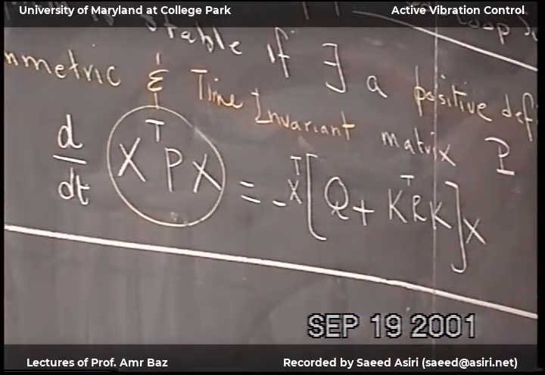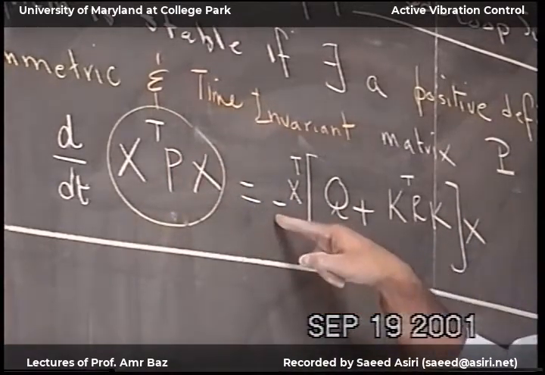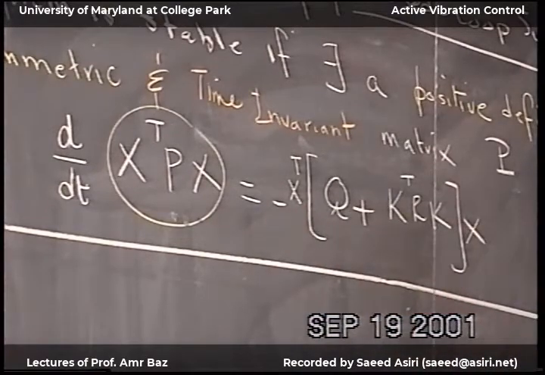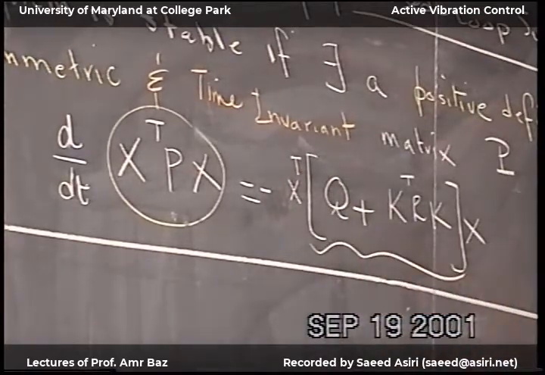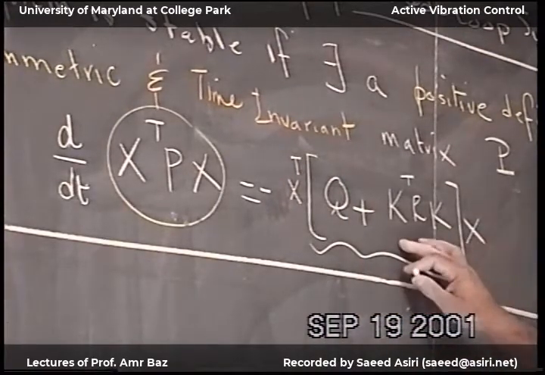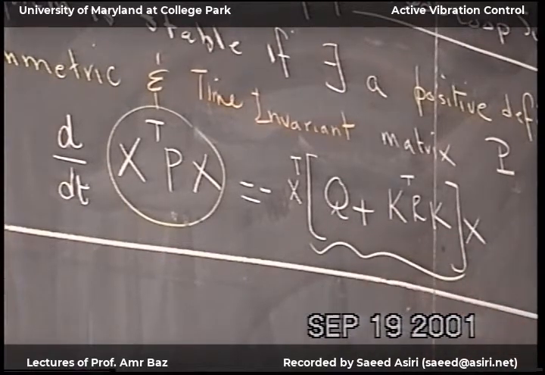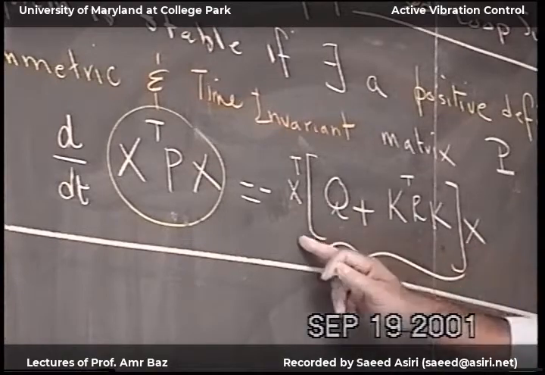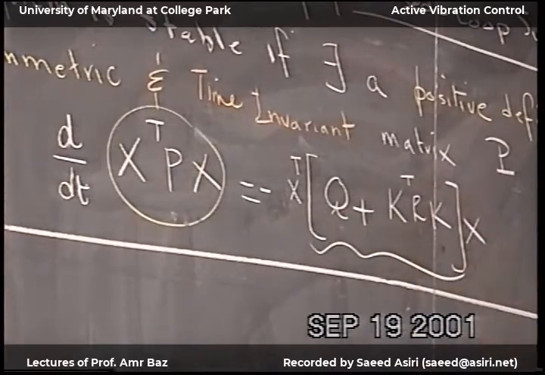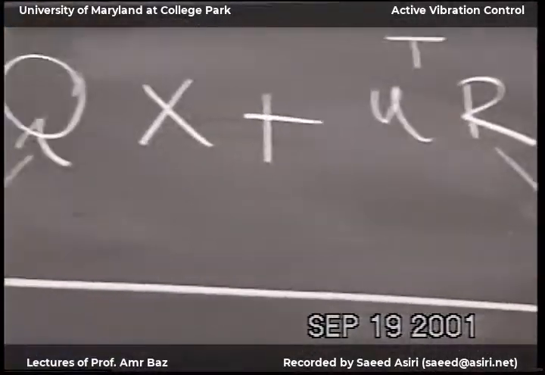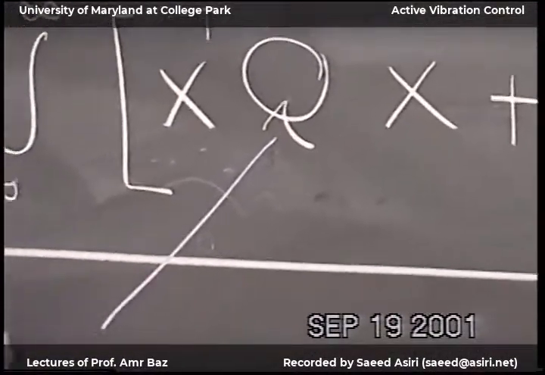So if I make the energy decay of this function strictly negative, because the term between brackets is squared, and the Q, which I did not talk about, and the R, which I did not talk about, these two are also positive definite matrices. This is x squared, so all these are positive, and then we have negative, so the energy of the system is decaying. So before we do this, we want to put here two things. And these two are positive definite symmetric matrices.